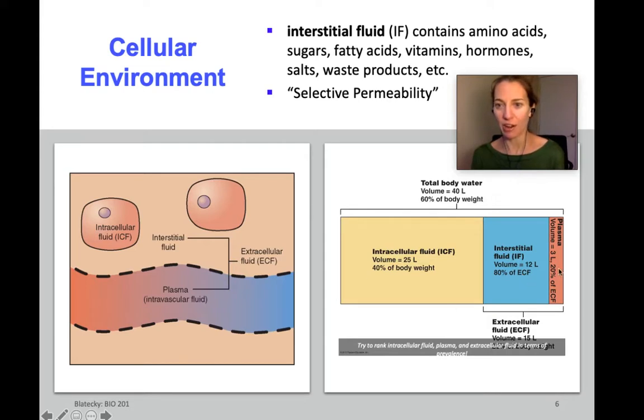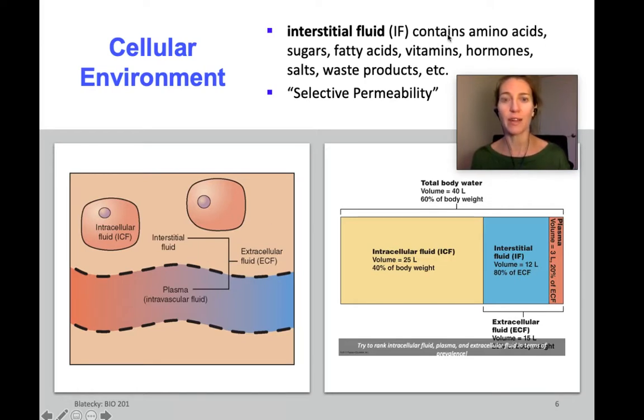And so I love this graphic because you're seeing, about 60% of body weight is made up of water. We'll say 40 liters in the average human person. Of that, 25 liters is contained within the cells, right? That oftentimes surprises people. You have about 3 to 5 liters, we'll say, that's going to be in your blood. And then the interstitial fluid, it's about 12 liters of fluid in your body that is going to be in this space.